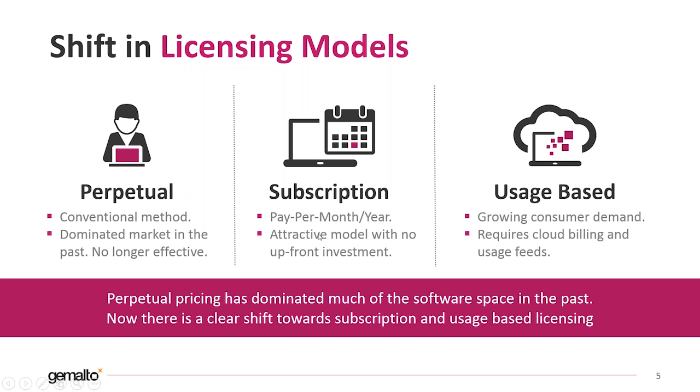What's really occurring is around what we call, of course, subscription licensing. Most are aware of that, where you lock into some kind of contractual period. It can be per month, per year, per quarter, 3 years, etc. The greater ability is around usage-based.